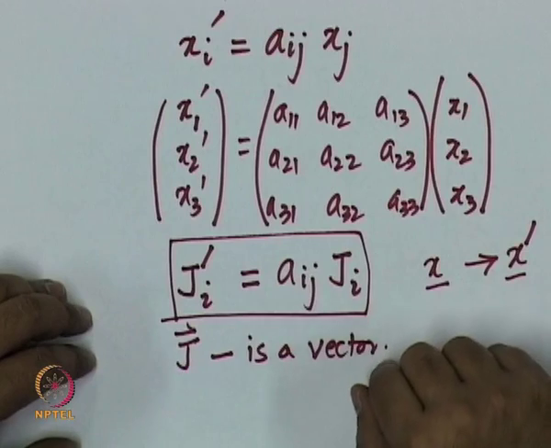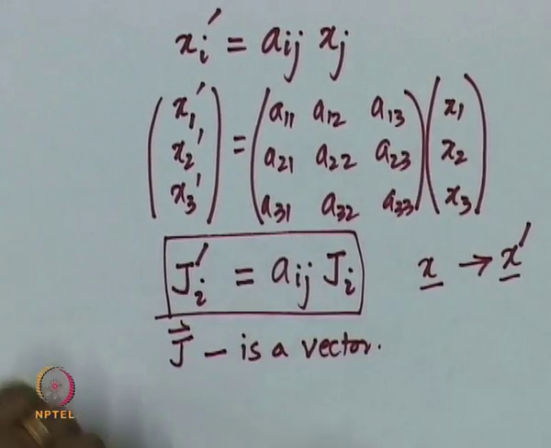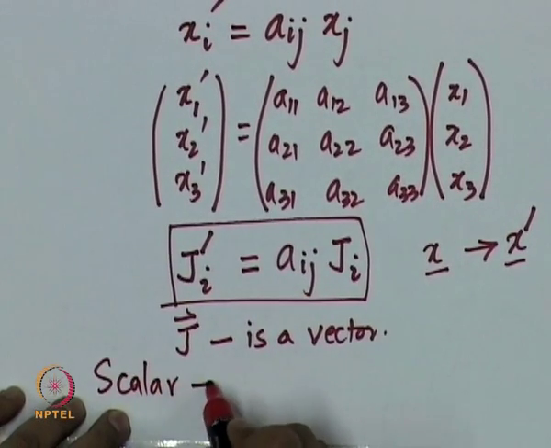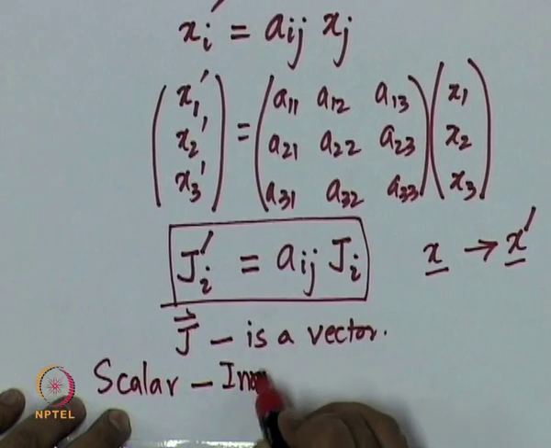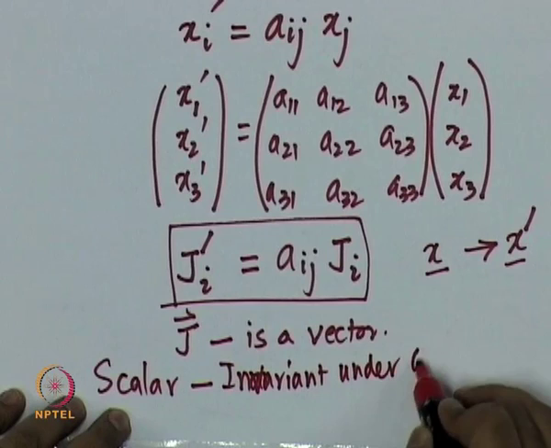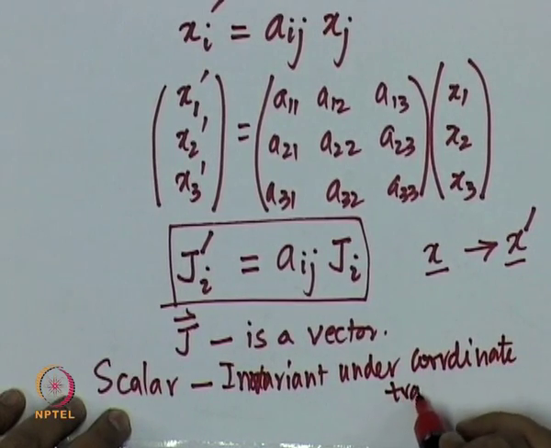Okay. So, of course, scalars are quantities which are invariant. So, a scalar is invariant under coordinate transformation, right.